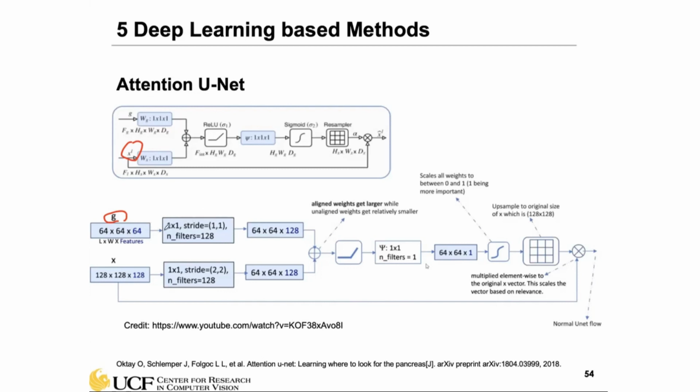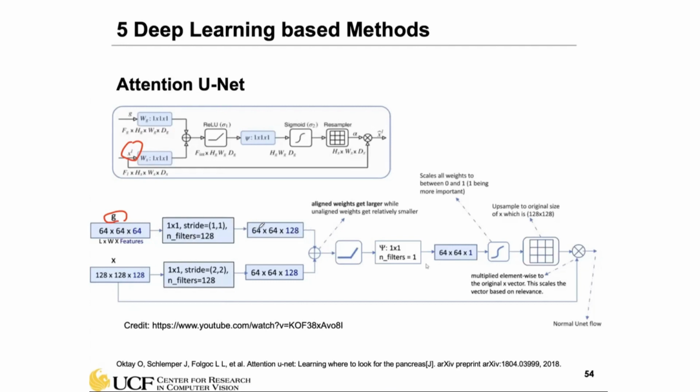So the 1-by-1 convolution with stride 1 basically does not change the spatial dimension. It takes just one pixel at a time, and you can specify how many 1-by-1 convolutions you use. If you have 128, you end up with 128 filters. This number of filters corresponds to the channel dimension.